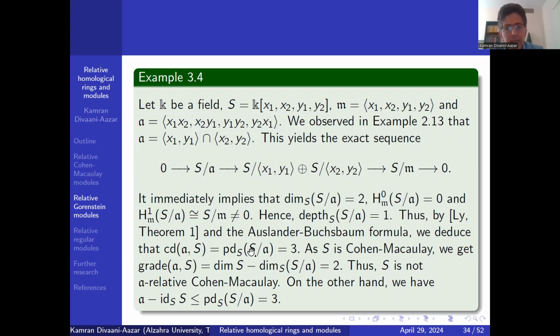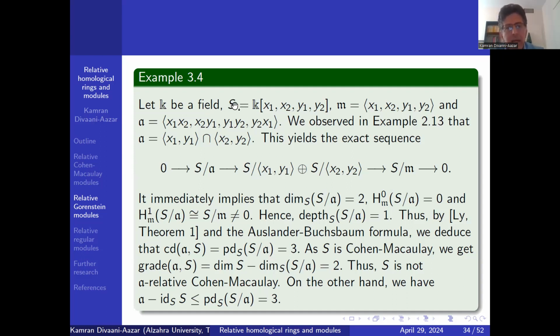By a result of Lyubeznik, we know that for monomial ideals we have this equality: the homological dimension is equal to the projective dimension of this quotient ring. The second equality is deduced by using the Auslander-Buchsbaum formula for projective dimension. So the homological dimension of A is 3.